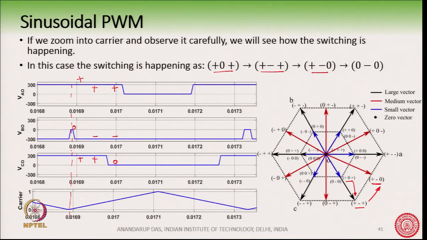And then at the end of this carrier somewhere here there is a transition and we say that this is 0 minus 0. So, we come to 0 minus 0, that is the other complementary state. So, we see that in this sinusoidal PWM also we have a centering over this vector plus 0 plus.